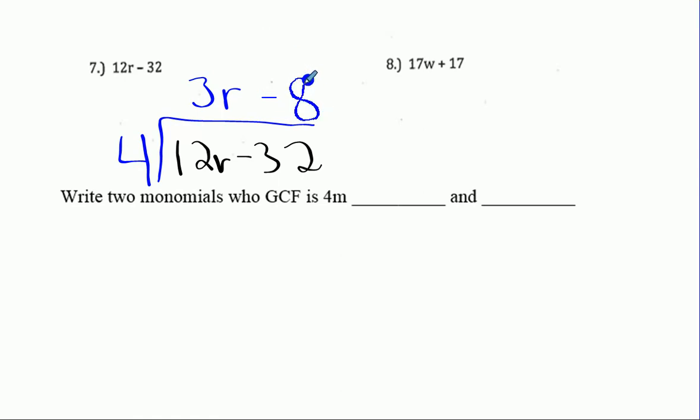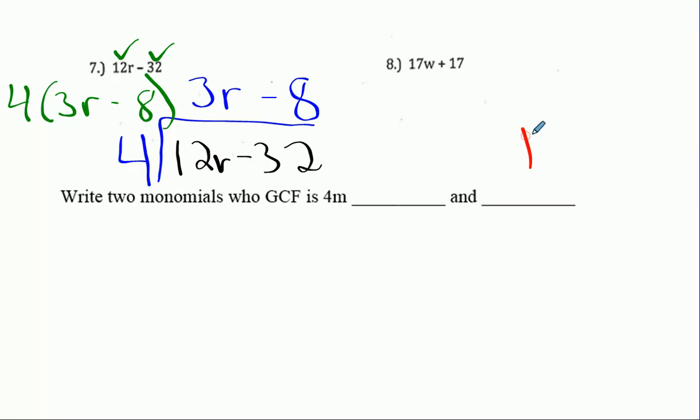And I did check that in a calculator, so don't think I'm doing this just in my head. Since 3 and 8 have no more like terms, my final answer is 4 parentheses 3r minus 8, close parentheses. And again, checking my answer, 4 times 3r is 12r, 4 times negative 8 is negative 32. So I did it right.